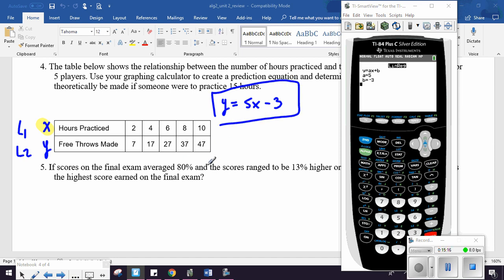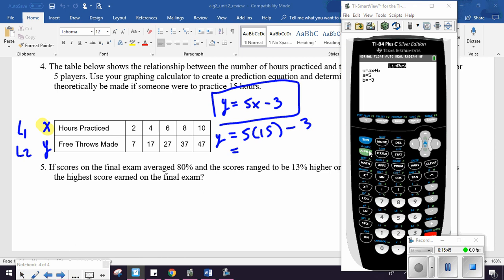The next thing it wants us to do is to predict when somebody were to practice for 15 hours. So essentially, hours again is x. So we're going to replace x with 15. So you can go into your handy dandy calculator and allow it to help you with that calculation.